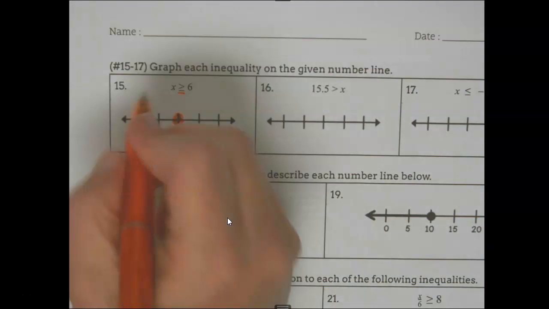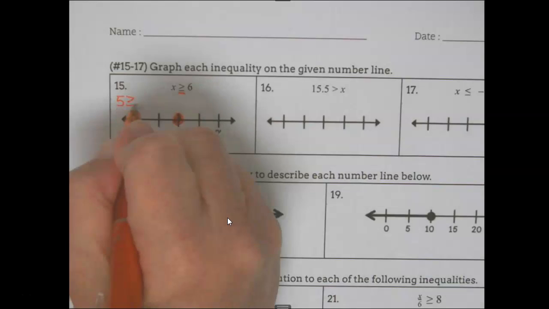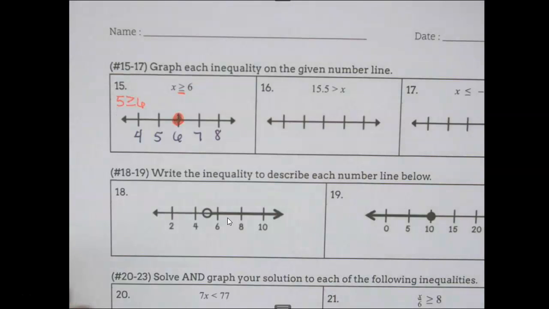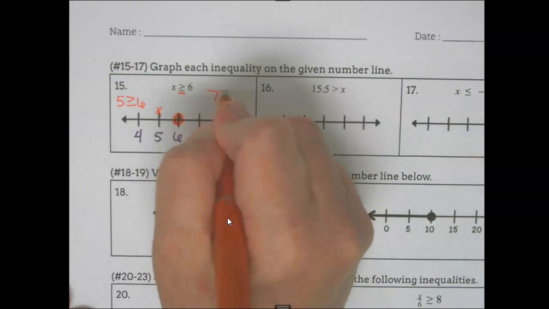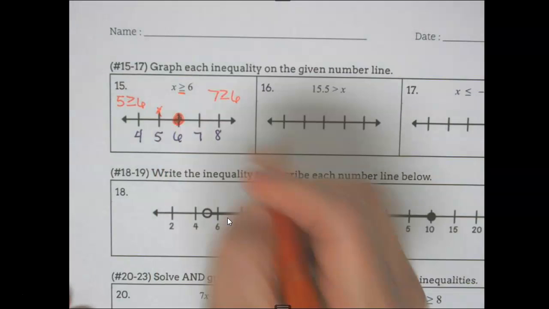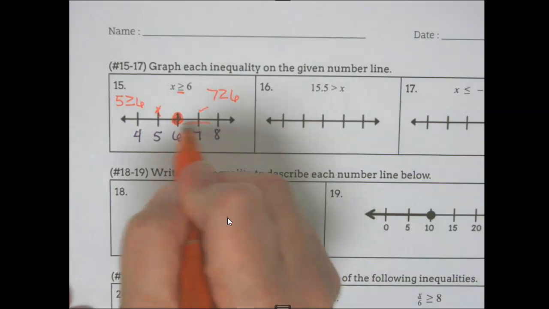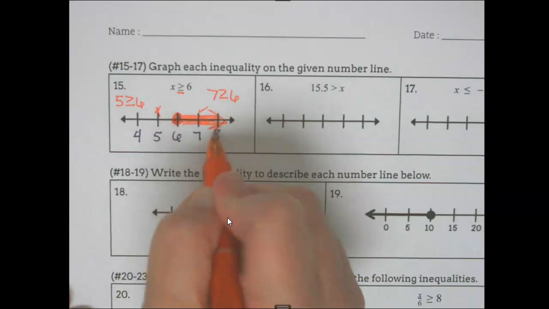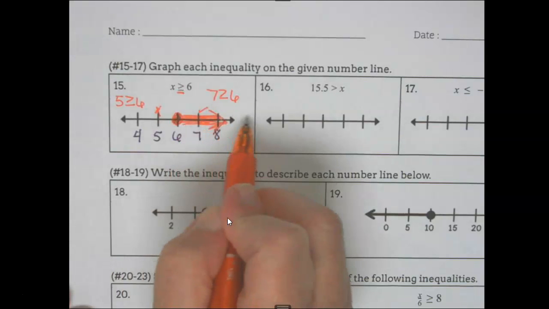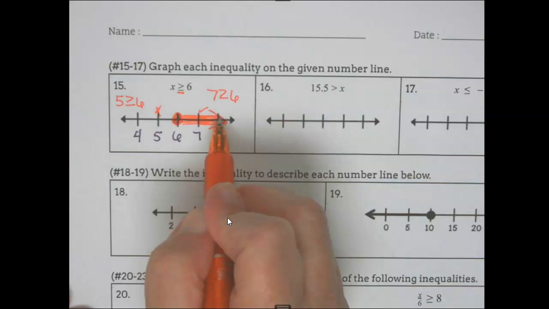And let's check each side. Is 5 greater than or equal to 6? No, so let's check the other side. Is 7 greater than or equal to 6? Yes, so I'm shading this side in, because all of these numbers could be an answer going this way.